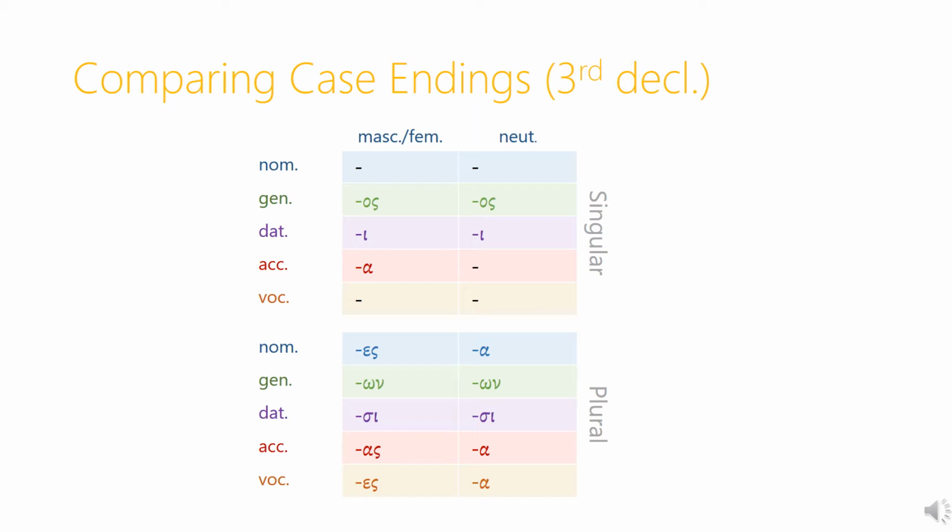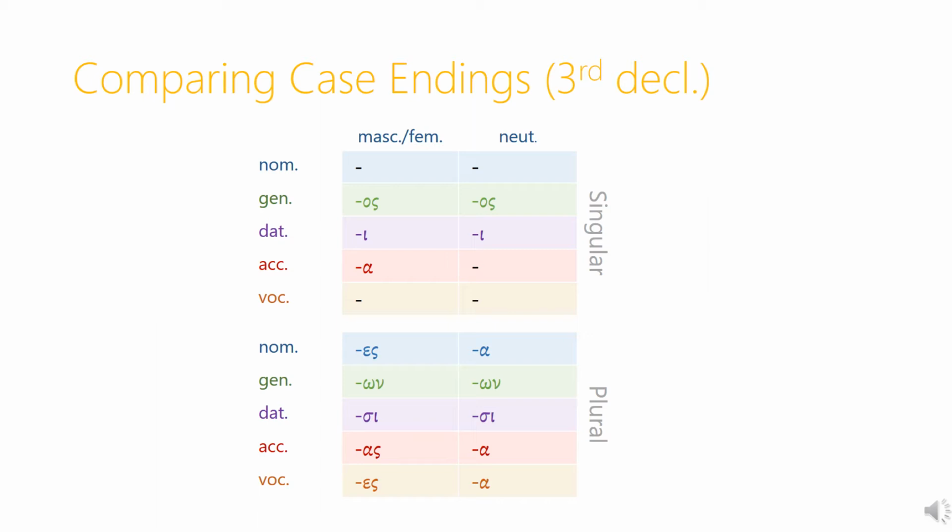In the plural, the masculine and feminine endings are s in the nominative, own in the genitive, c in the dative, sigma iota, as in the accusative, and s in the vocative. With neuter third declension nouns in the plural, the nominative ending is again alpha, a.